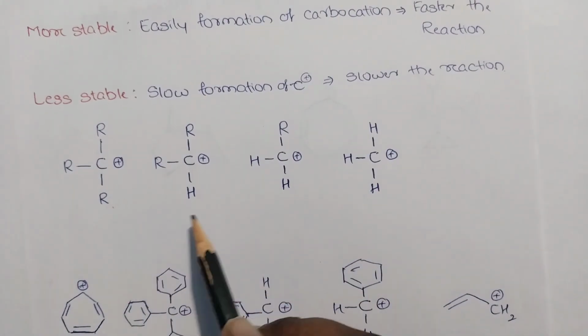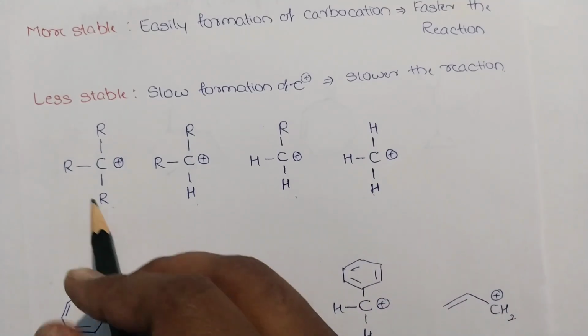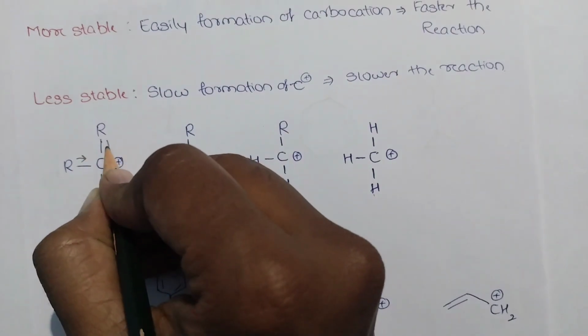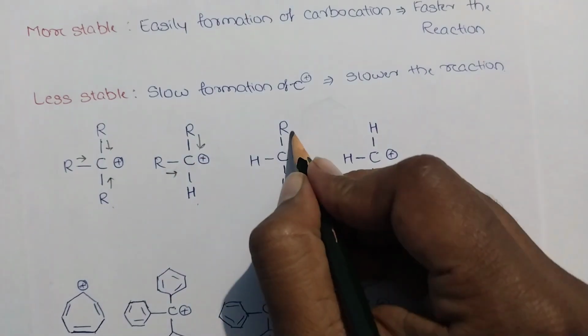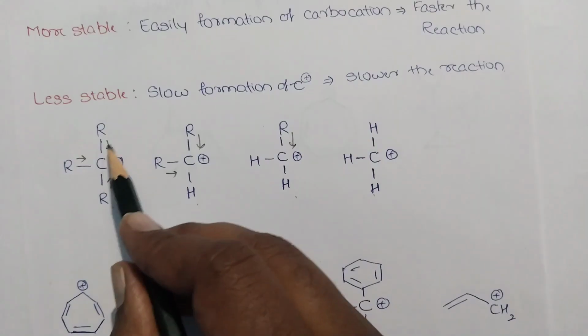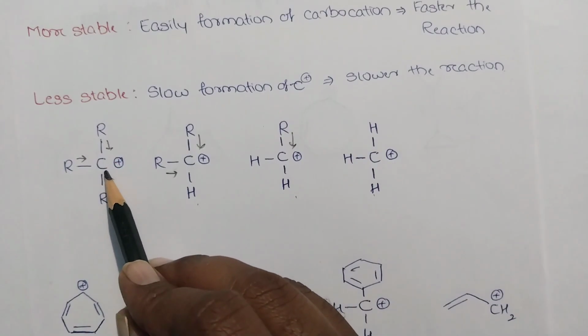So when will it be more stable? Out of these, we have tertiary carbocation, secondary, primary, and methyl carbocation. Here we know that the R groups are electron donating groups. Here we have 2 R groups, here we have 1 R group, and there is no R group. R group is an electron donating group. We already know that the carbocation is electron deficient.